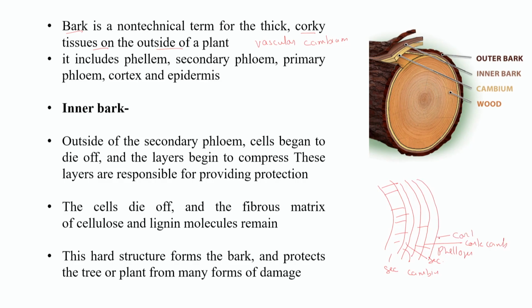This is secondary xylem and this is secondary phloem. So everything outside this vascular cambium is known as bark. Because more xylem is found in woody tissue, in woody tissue you will also find a well developed bark.